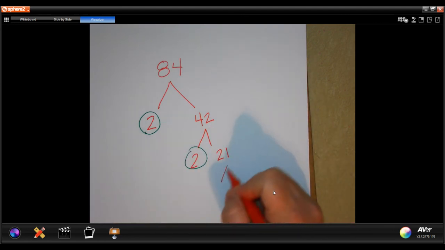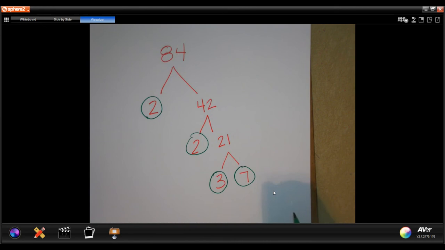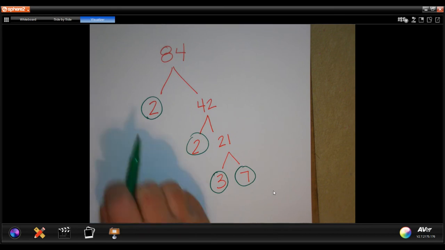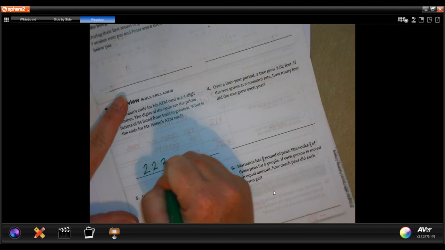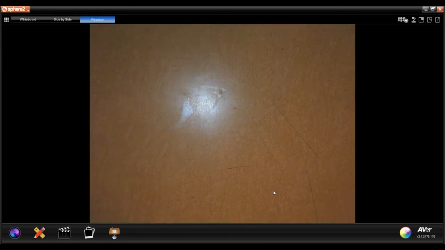And 21, 3 and 7, both of which are prime. If you don't know your prime numbers, you need to go find a chart and get on that. So listed from least to greatest is 2, 2, 3, 7. So 2, 2, 3, 7. Okay, all right, more scrap paper out of the way.